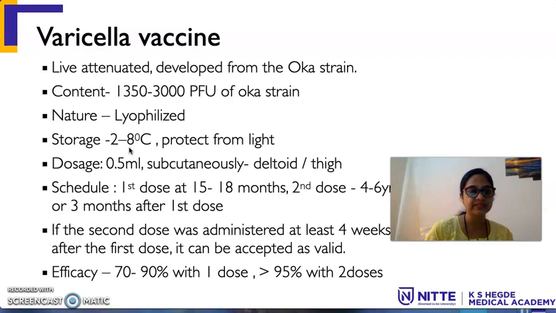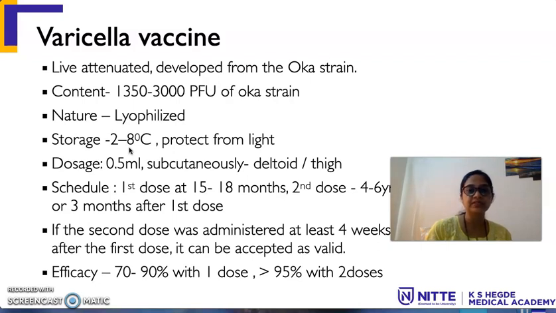Varicella vaccine is a live attenuated vaccine developed from the Japanese Oka strain. It contains around 1350 to 3000 PFU of the strain. It's in lyophilized form and needs to be protected from light. It is a live vaccine, so it is given subcutaneously in the anterolateral aspect of the thigh, 0.5 ml.